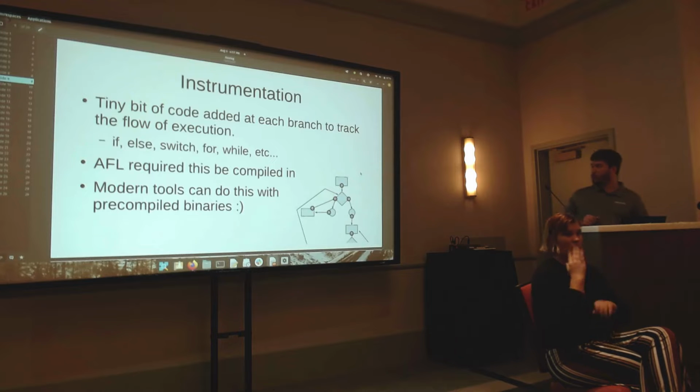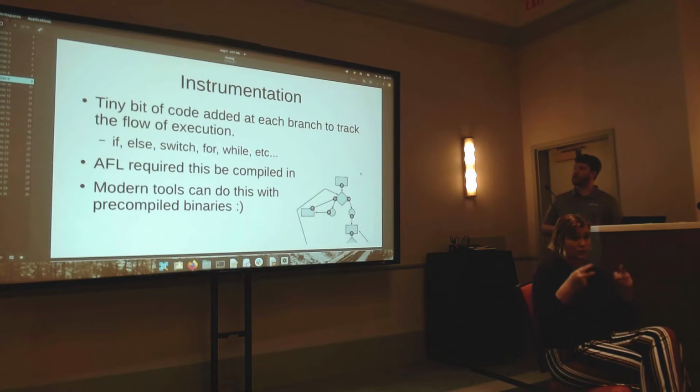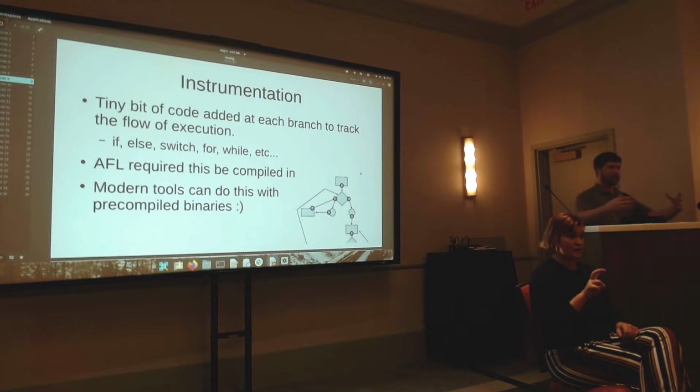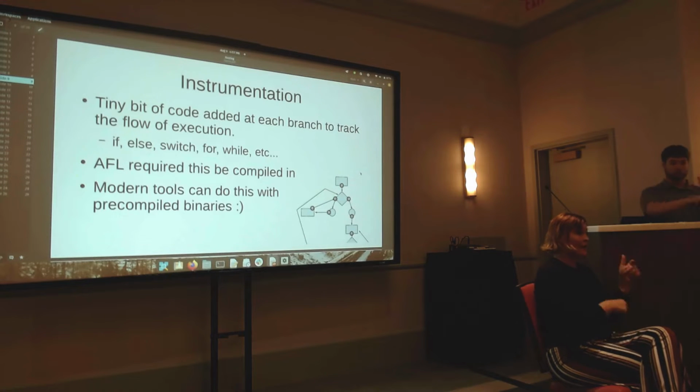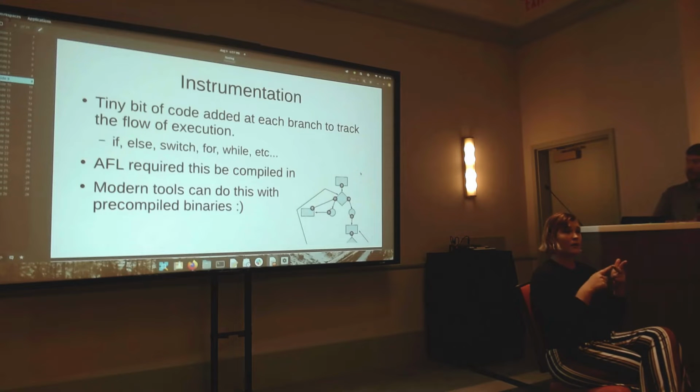So the way it works is we take the source code for the program that we're trying to fuzz, and before compiling it, we look through it and find every single branching statement. So an if statement is a branch, a loop would be a branch, a switch case would be a branch, calling a function is a branch, right? Anything that redirects the flow of execution to reach a different path is a branch in the program.